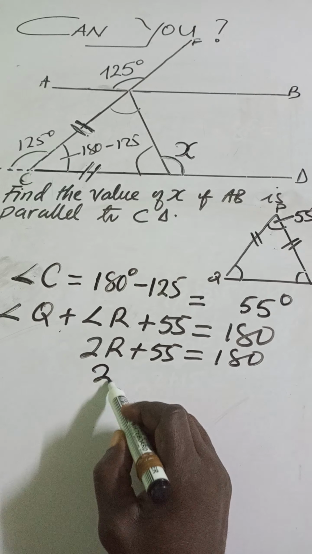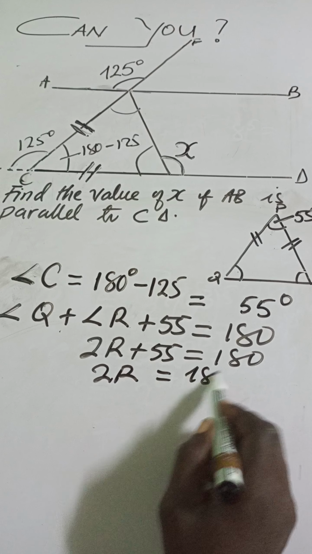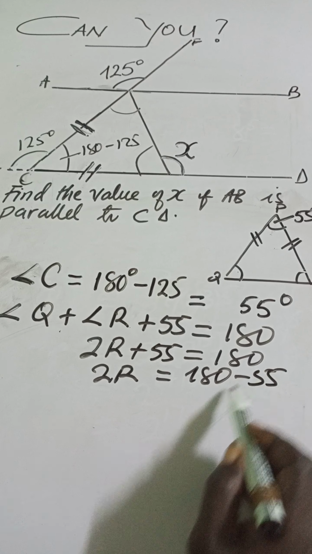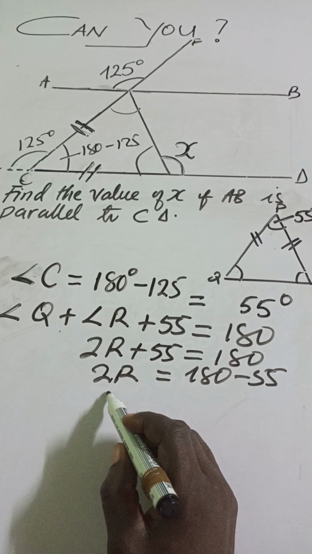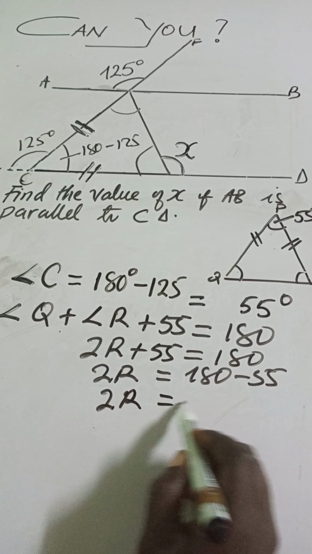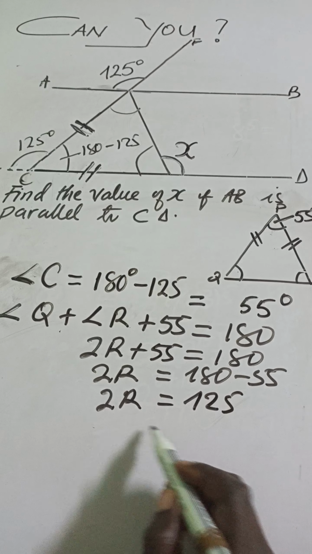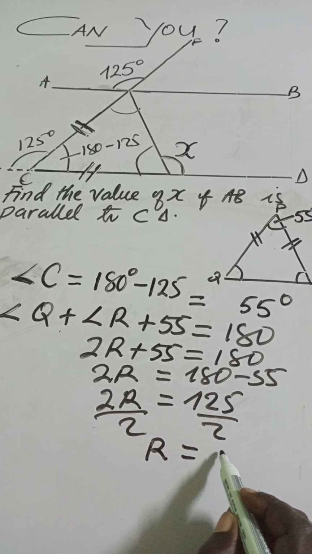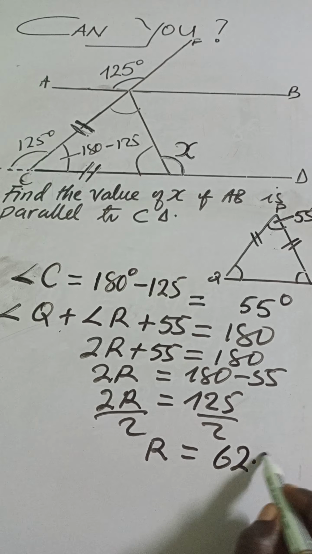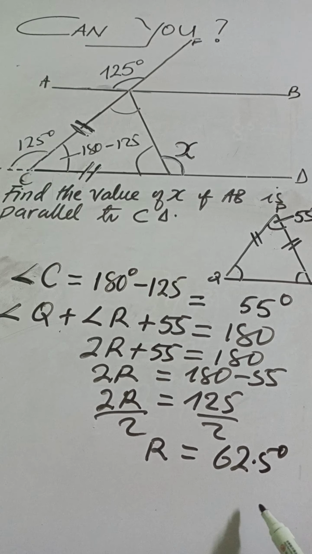So 2R now will be equal to 180 degrees minus 55, which again should be 125. So we're saying 2R is equal to 125. If we divide both sides by 2, then R is 62.5 degrees.